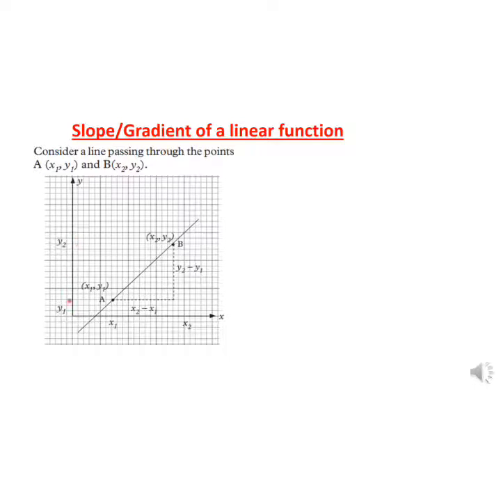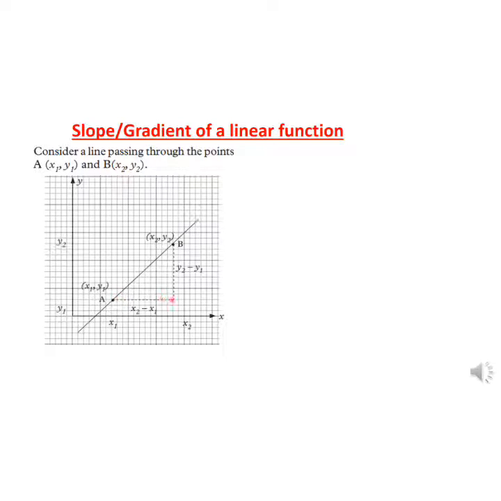Now you can draw the point of x1 and y1. This one is point A, and this one, x2 and y2, is point B. If you are going to find the slope or gradient, you have to join them, or select any points you want.